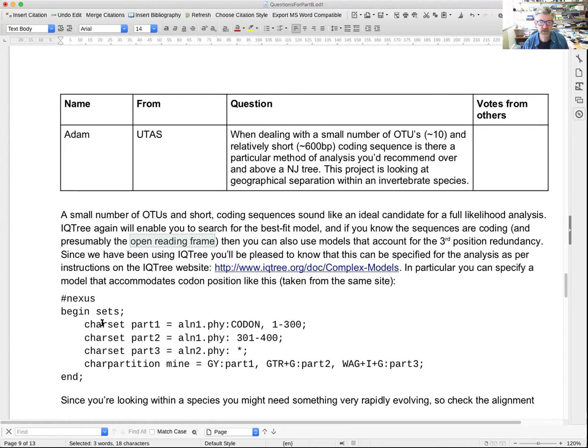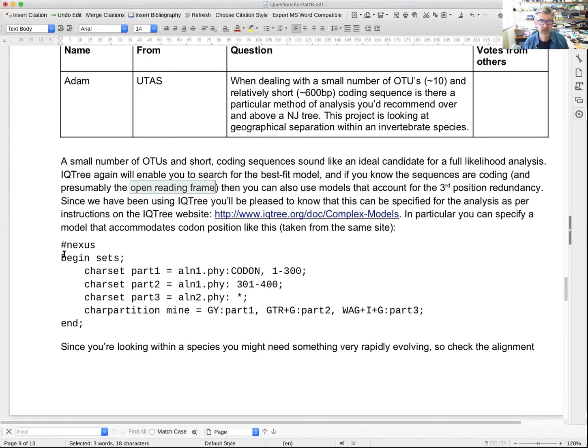And so here's a little sample data set that shows the format that you would need to partition your data in IQ-tree. I think maybe that's not the right one, actually.